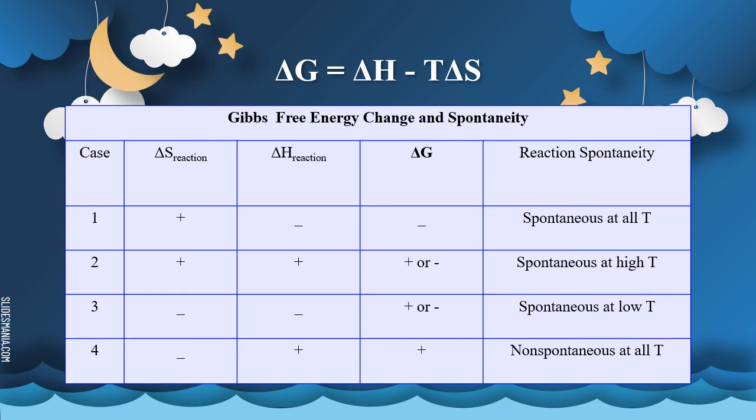We have a negative delta H and a negative delta S with a Gibbs free energy of negative 29. So where does that fall? It falls under case number 3. So negative delta S, negative delta H, and you have either positive or negative delta G. So the reaction is spontaneous at low temperature.